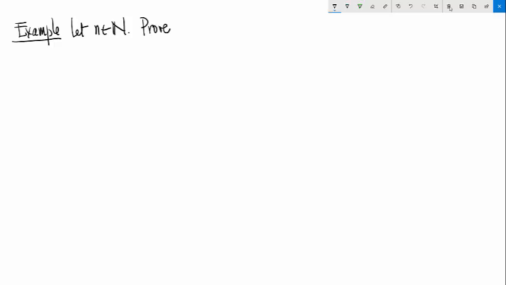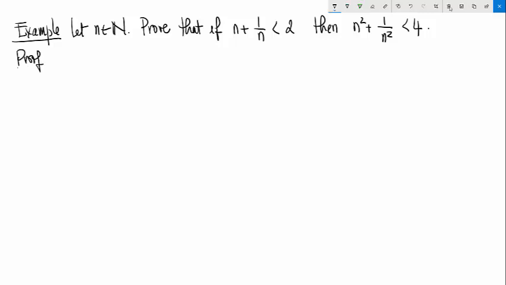We want to prove that if n plus 1 over n is less than 2, then n squared plus 1 over n squared is less than 4. All right, so we'll prove this directly. Again, let us assume our hypothesis.